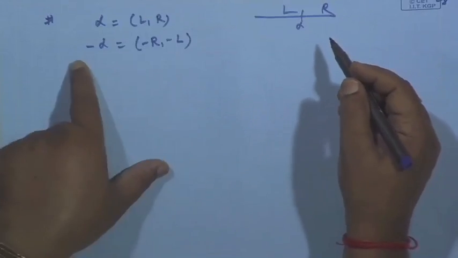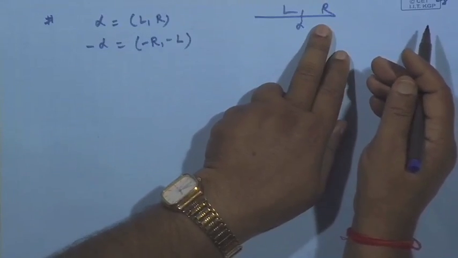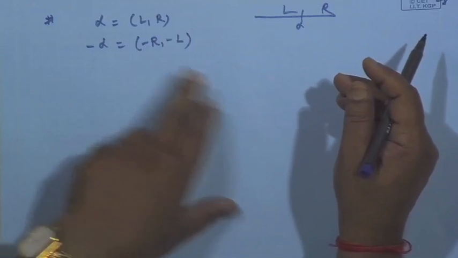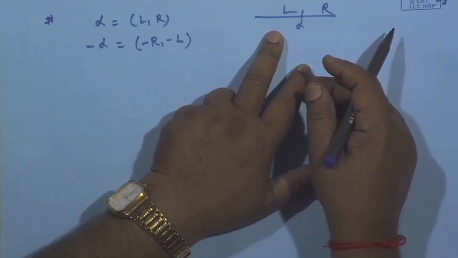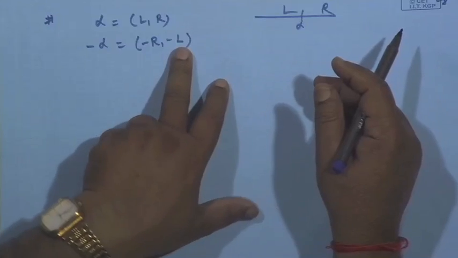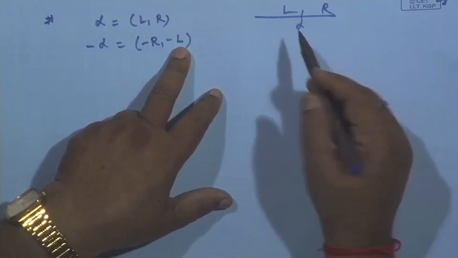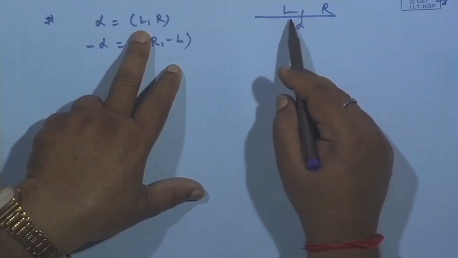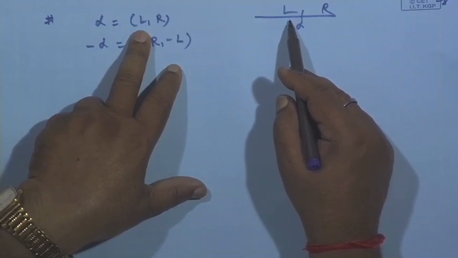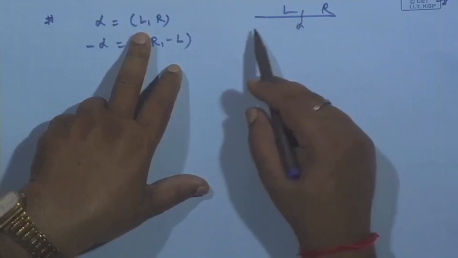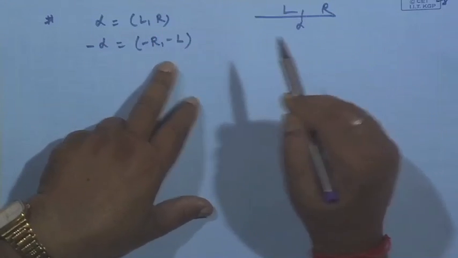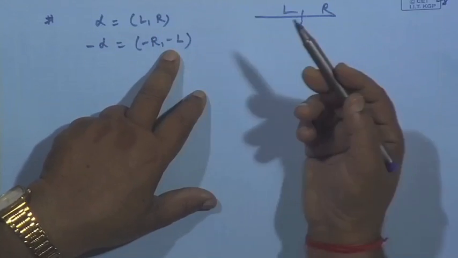Minus alpha means change the sign of the elements of R and make it the lower class, and change the sign of L and make it the upper class. Now, what difference will come if the lower class L has a greatest number? If the cut alpha has a greatest number in the lower class, then minus alpha will have the least number in its upper class, that is all.